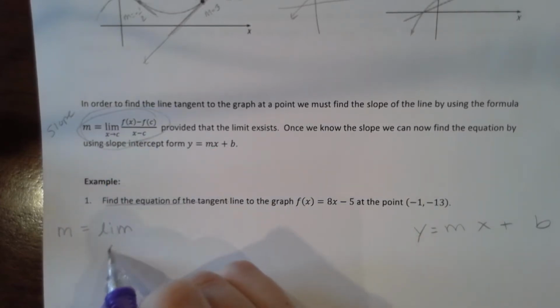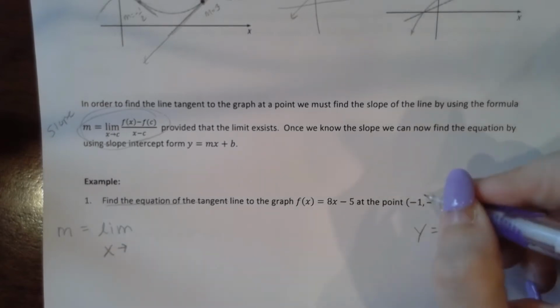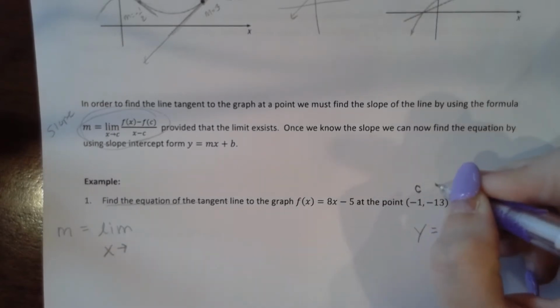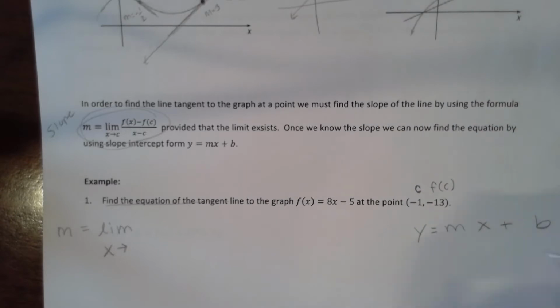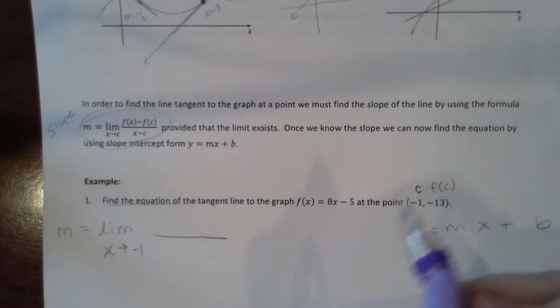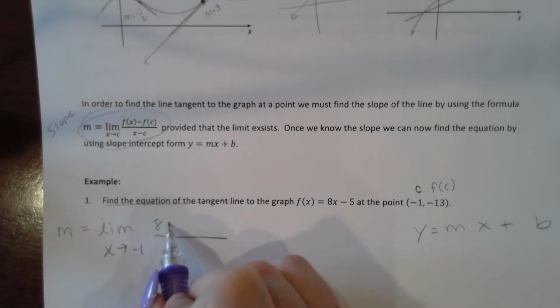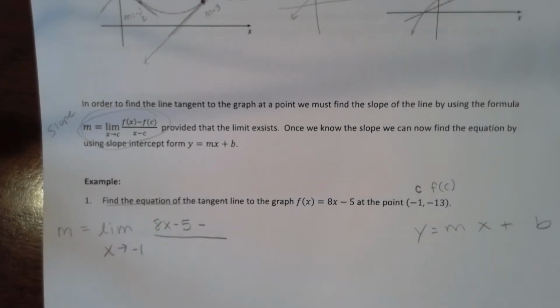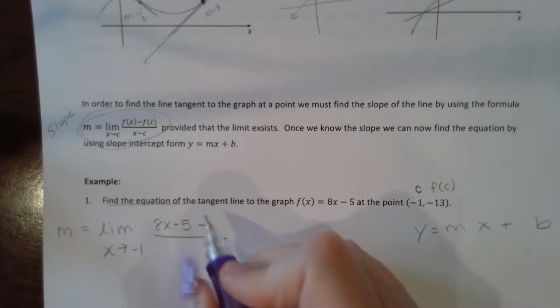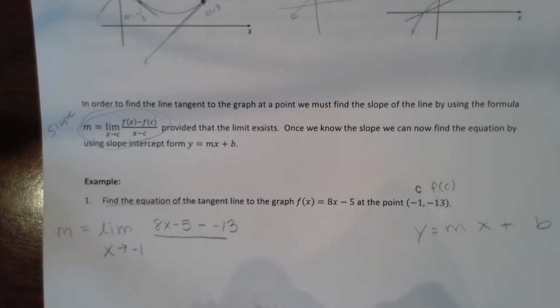So the limit as x is approaching c, well, this right here is c, and this is f of c. So as x is approaching -1 of f of x, which is 8x minus 5, minus f of c, which in this case is -13, over x minus c, which in this case is -1.